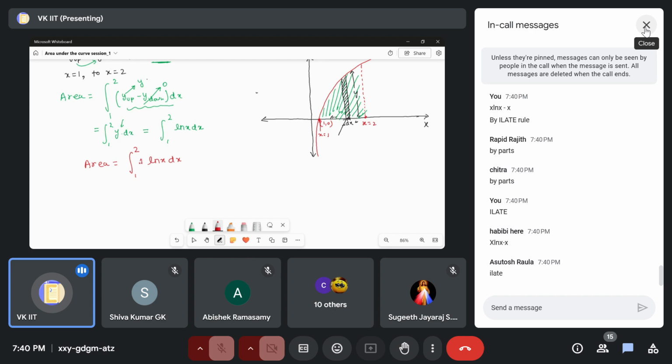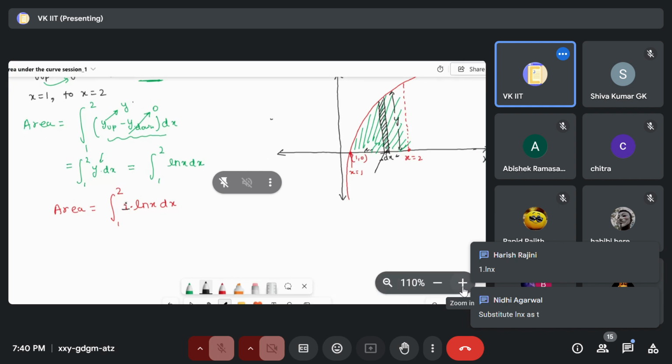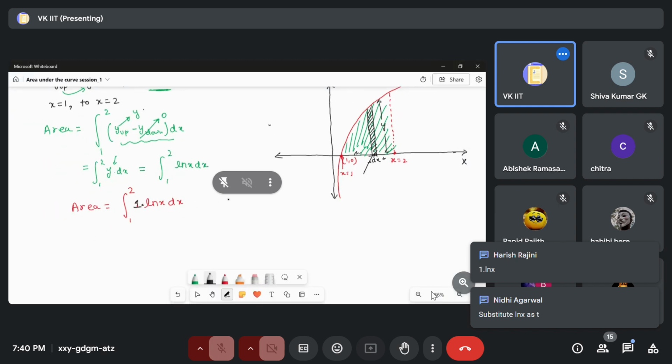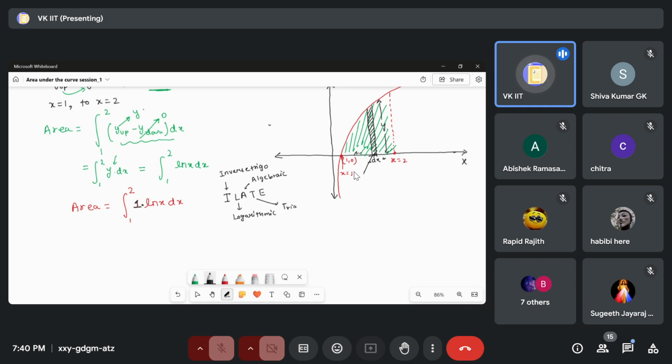We will consider 1 here, and we will follow the ILATE principle. I means inverse trigo. This is the order in which we have to choose. L means logarithmic. A means algebraic. T means trigonometric. And E means exponential.